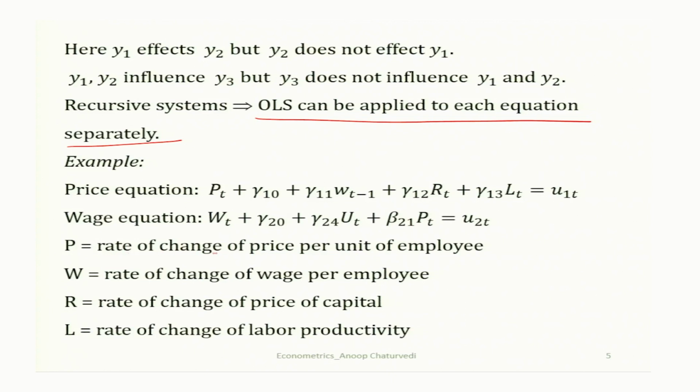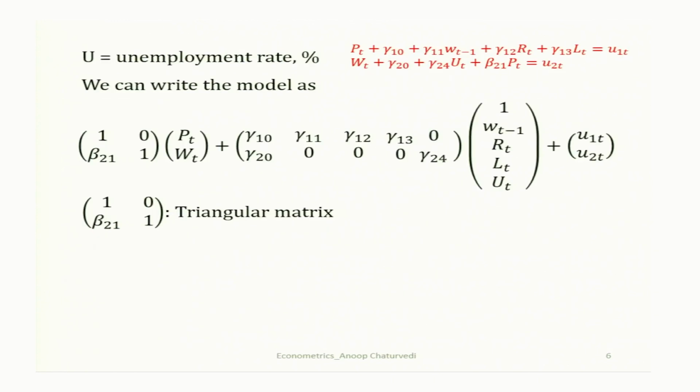Here P is the rate of change of price per unit of employee, W is the rate of change of wage per employee, R is the rate of change of price of capital, L is the rate of change of labor productivity, U is the unemployment rate in percentage.